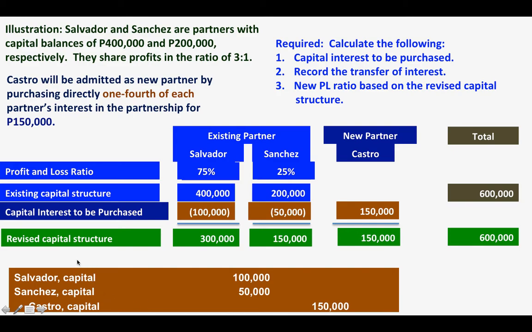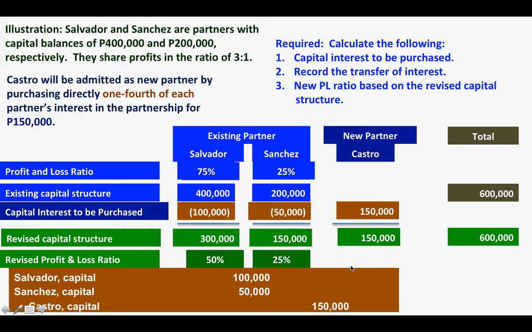So if we will get the profit and loss ratio, because here the requirement is that the new profit and loss ratio will be based on the revised capital structure. So here now we will be computing the P&L based on the capital structure. So 300 over 600 will give you 50%, 150,000 over 600,000 will give you 25%. Okay? So this will now be the revised profit and loss ratio.